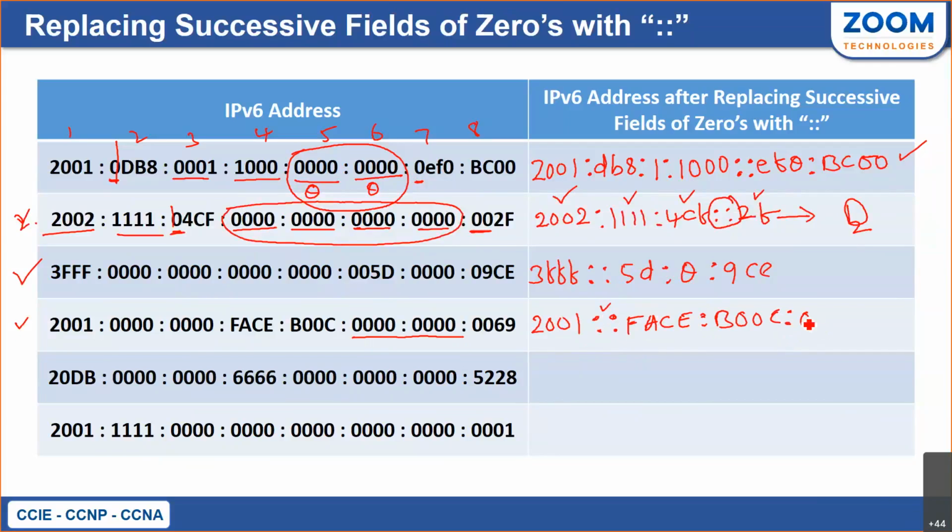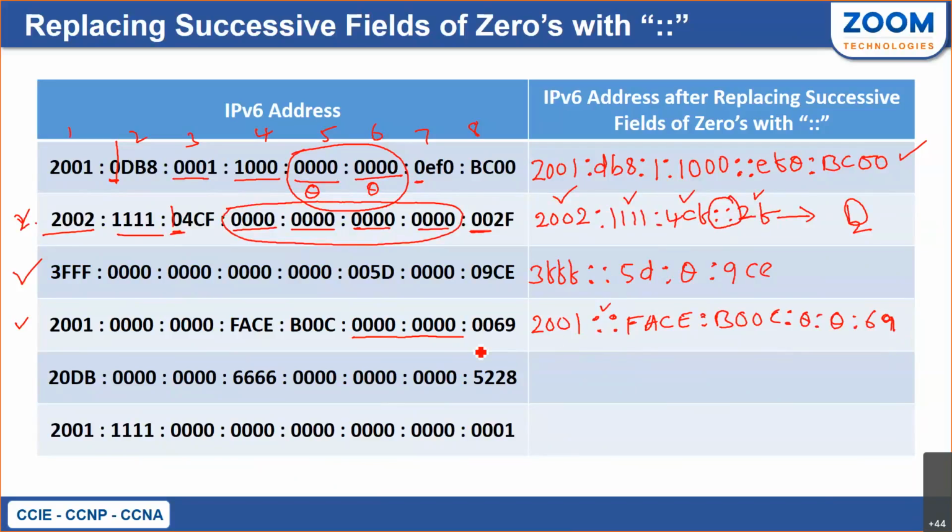Then write A0 colon 69. Sir, I have a doubt here. This same address, I wrote it as 2001 single colon 0 colon 0 colon FACE, then B double colon 69. Is it okay?